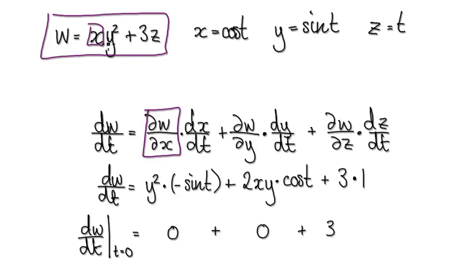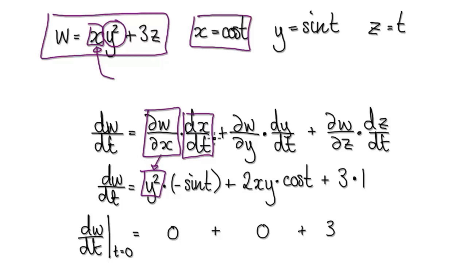So when you differentiate this with respect to x, it just simply becomes y squared, because this is just a constant. So this whole block here is just a constant. So when you come to differentiate it, it disappears. Now we've got to times the derivative of x, so we've got to find dx by dt. So dx by dt is minus sine of t.